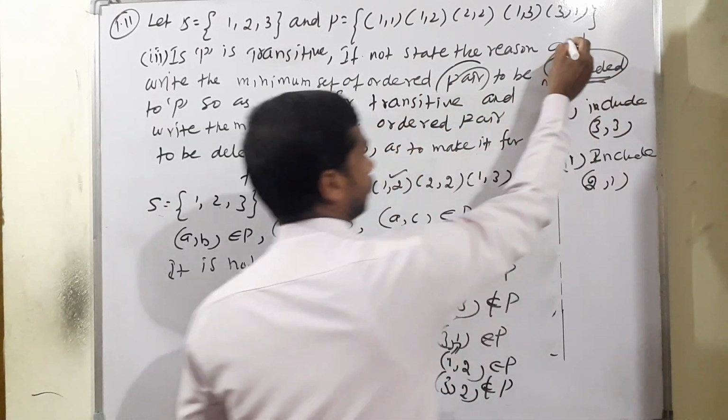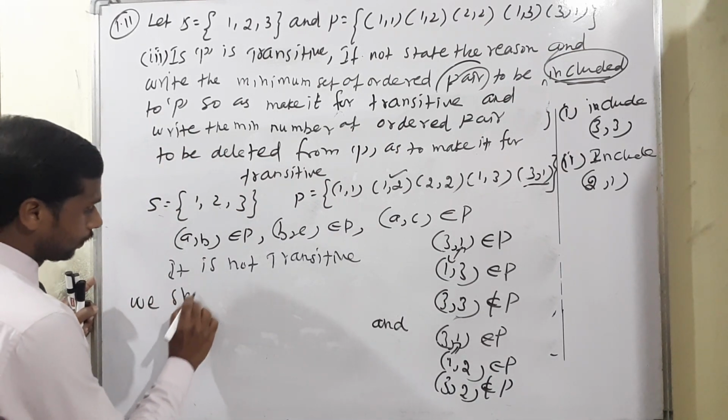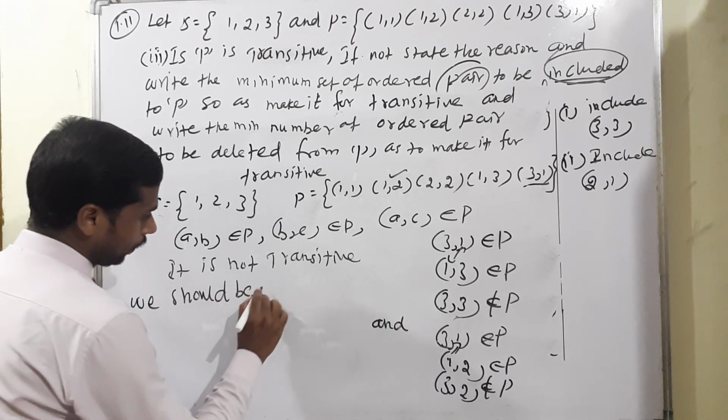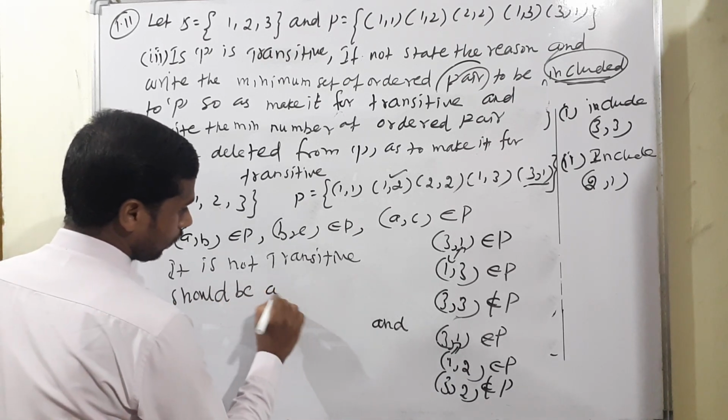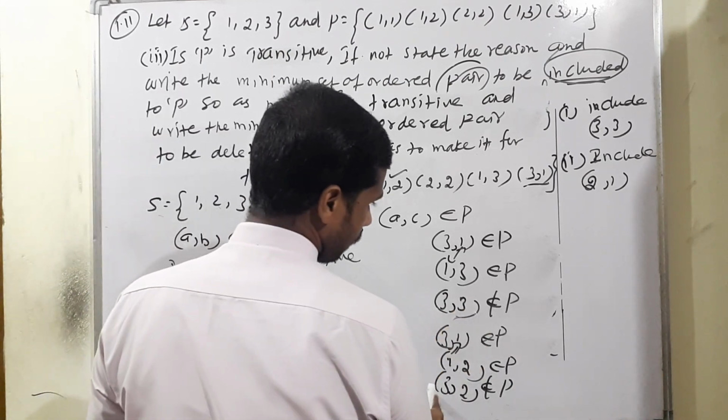is to be included? We should add, what do we have to add? 3 comma 3 and 3 comma 2, isn't it?